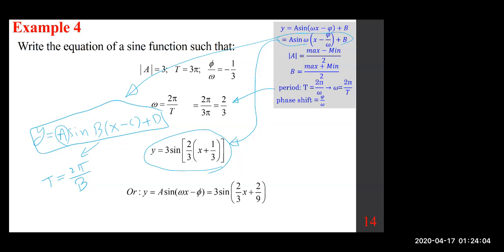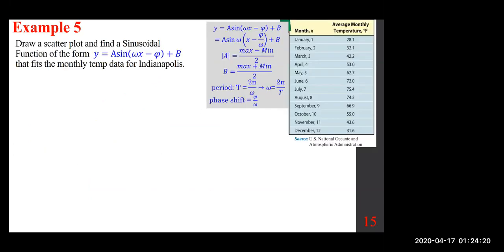All right, we're going to go to the next example, another application, which is the last one I'm going to do for this section. We are given some information about the average temperature on a monthly basis.